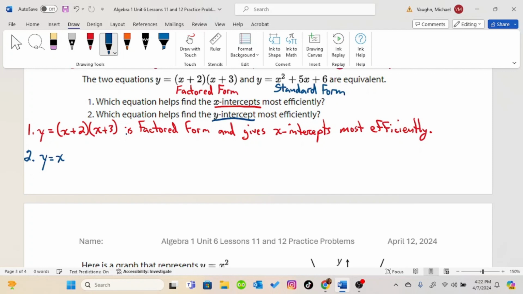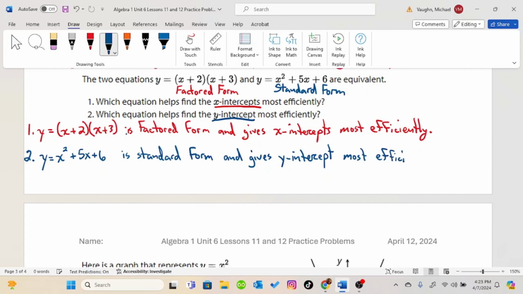Y equals x squared plus 5x plus 6 is standard form, and gives y-intercept most efficiently. Because the number by itself is the y-intercept.